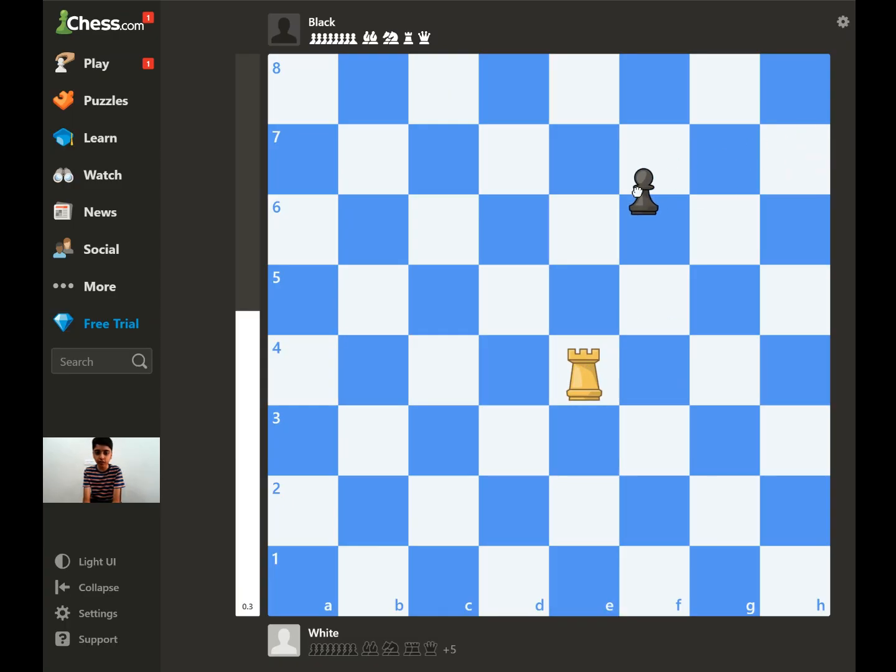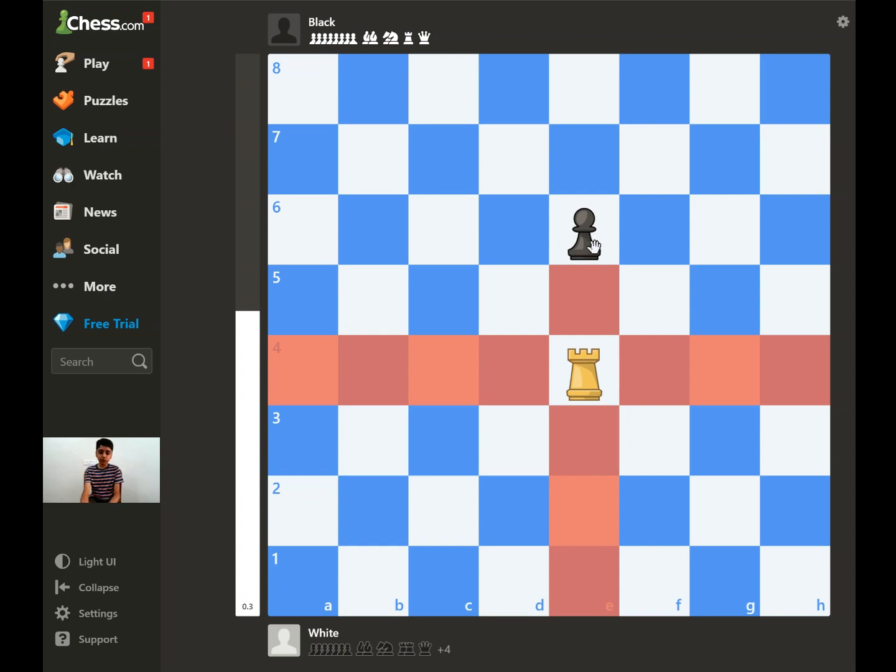Let's take this pawn for instance. The rook covers all of these squares like normal, but it cannot jump.